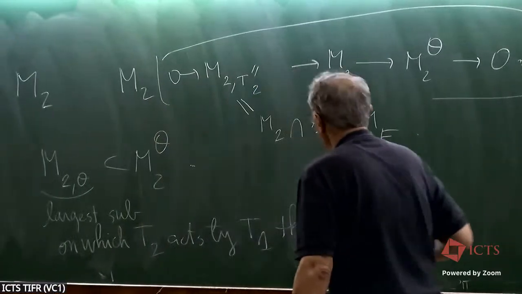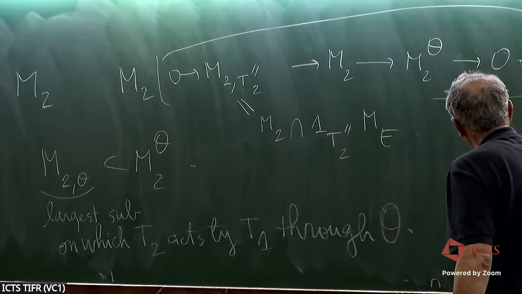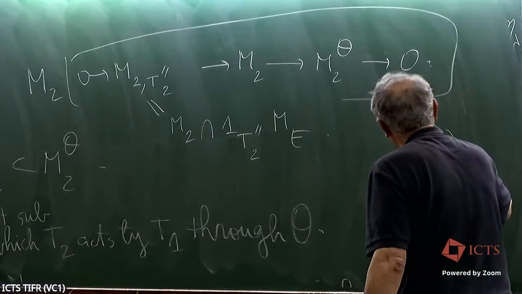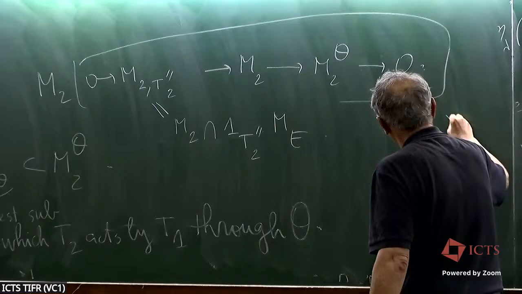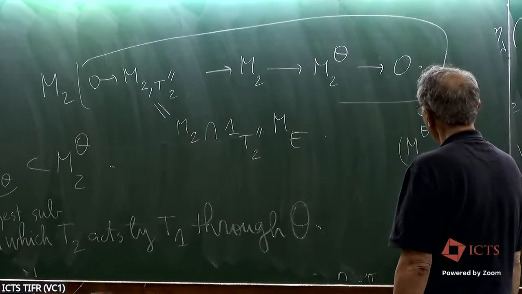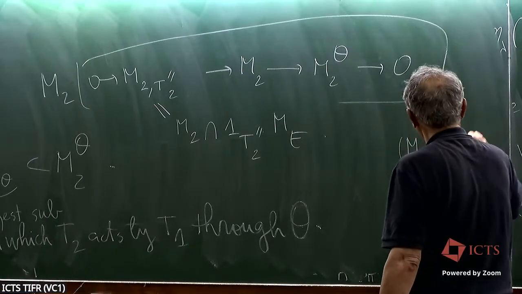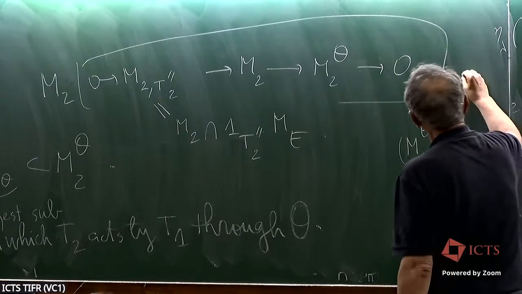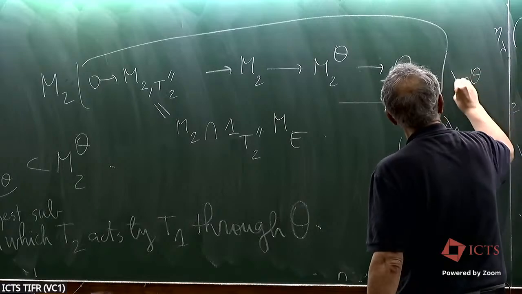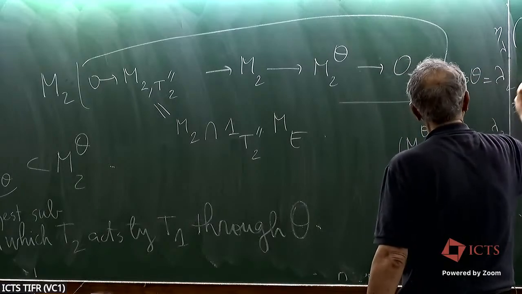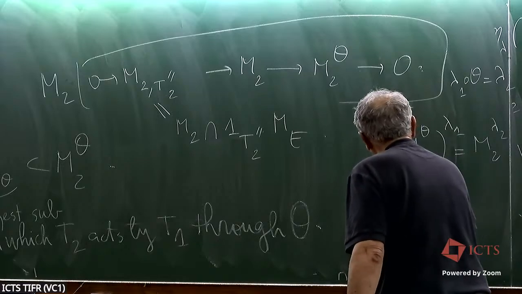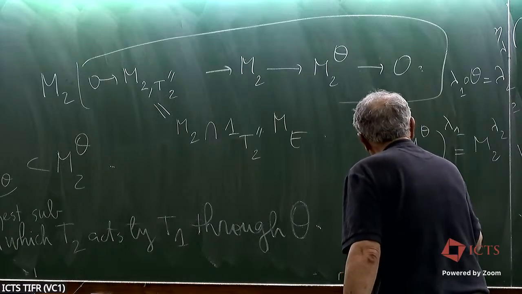So what I do is I consider M2 theta and I apply lambda 1. Of course, this is M2 lambda 2 because the composition of theta and lambda 1 is equal to lambda 2. But on the other hand, I can apply also lambda 1 to M2 theta.